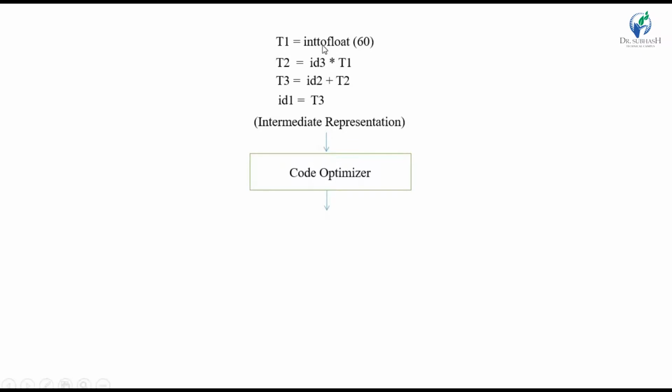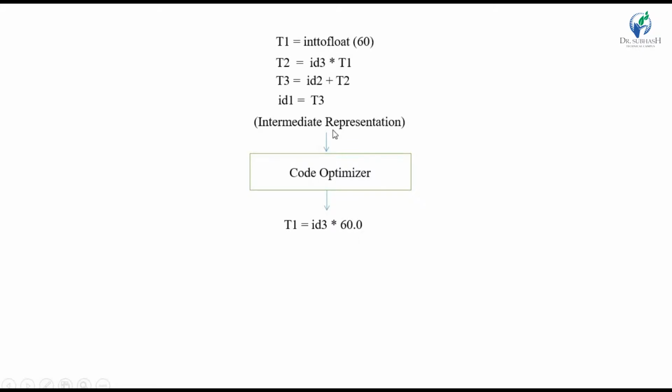In the optimized code for this code, it directly considers id3 into 60.0. In this step, integer to float 60, which is represented as 60.0, id3 into t1, this step is removed. So id3 into 60.0, the result of this is stored in a temporary variable which is t1. So t1 equal to id3 into 60.0.